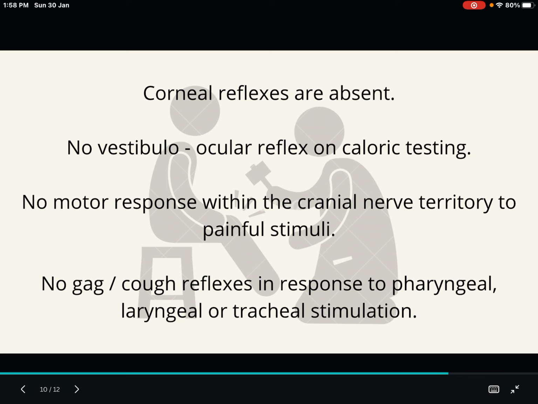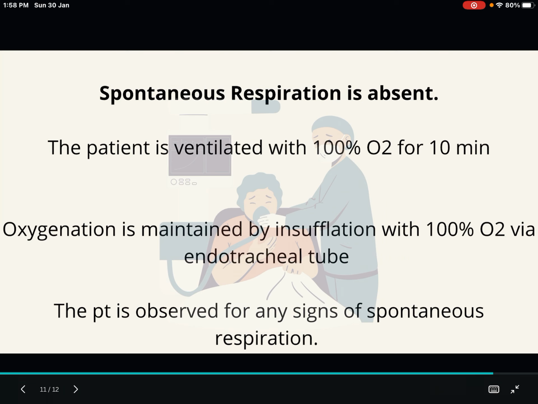There are no gag or cough reflexes in response to pharyngeal, laryngeal, or tracheal stimulation. Spontaneous respiration is absent. How do we check that? The patient is ventilated with 100% oxygen for 10 minutes. Then we remove the support for 5 minutes. Oxygenation is maintained by insufflation with 100% oxygen via the endotracheal tube, and the patient is observed for any signs of spontaneous respiration. If there are no signs, and all these criteria are fulfilled, then we call that patient brain dead.